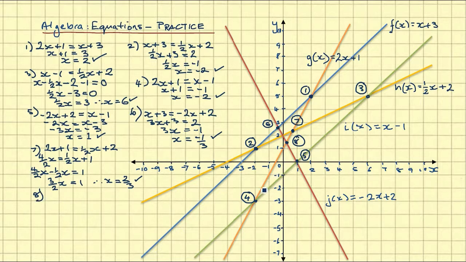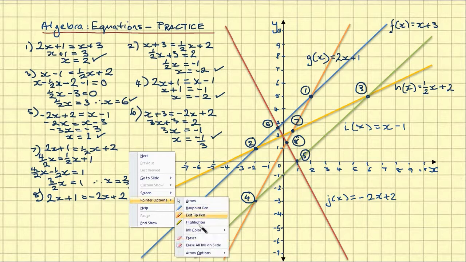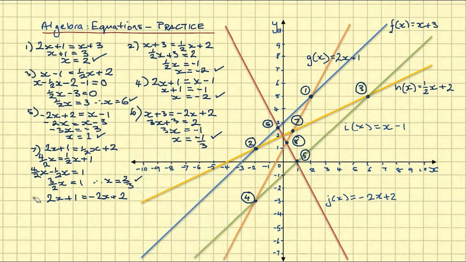Problem 8 is going to give us 2x plus 1 equal to, what have we got? Okay, it's this backward sloping function again, minus 2x plus 2. So pause the video if you want to give that a go. I'm just going to erase my 8 here, just make that a little bit clearer, before we attempt this.